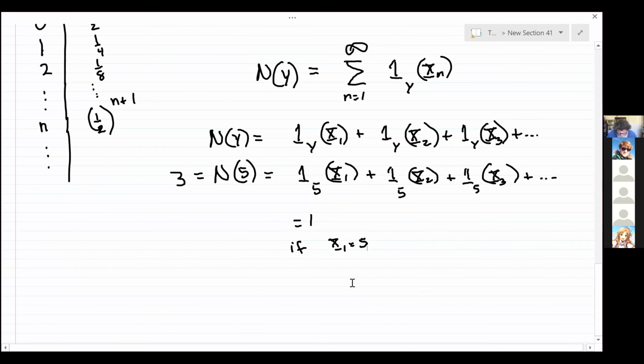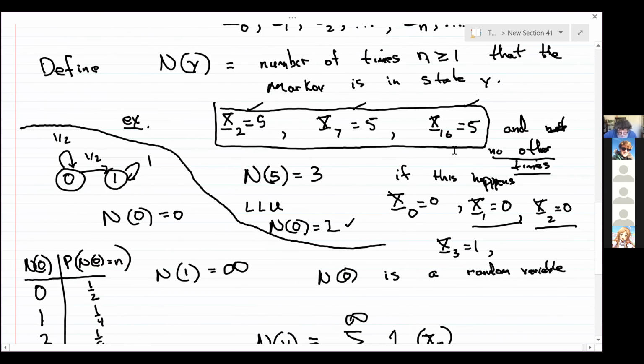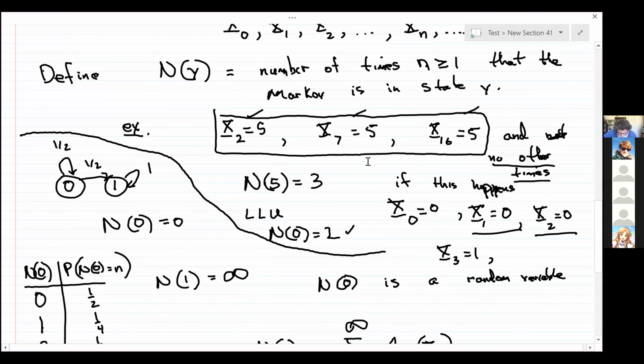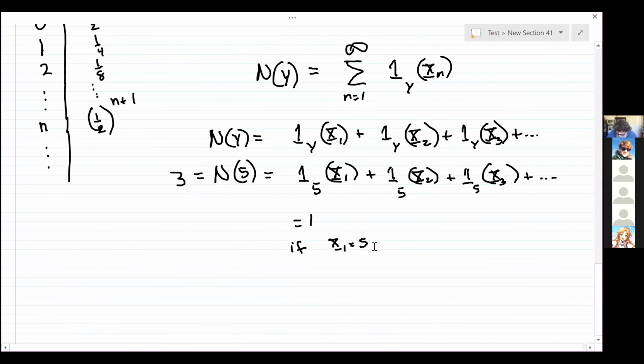Okay, now at time 1, are we equal to 5? No. Because I already told you, the only times you're equal to 5 are these 3 times and no other times. So this is not true. At time 1, you're not equal to 5, which means this value won't be 1, it'll be 0. It can only be two values, 0 or 1, because it's 1 if this equals that, and it's 0 otherwise.